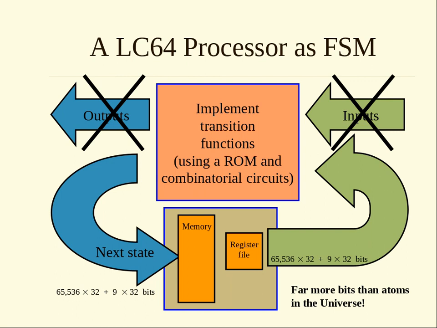The total possible control lines from that decoder would be beyond the number of atoms in the universe, which is not useful. In order to make that decoder, the number of lines coming out is going to be 2 raised to this number, which is obscenely huge. So we can't use a control ROM. That's not how it can work anymore.